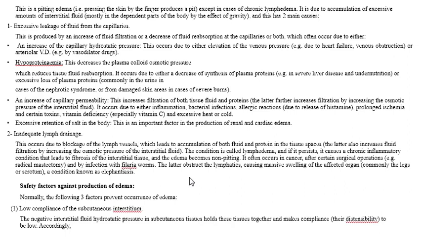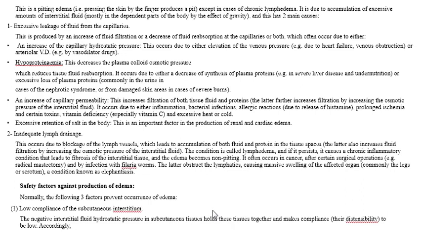The first is low compliance of the subcutaneous interstitial tissue. Low compliance means it does not allow the fluid to accumulate, so it presses the fluid from the interstitial tissue to the capillaries, to the venules, and then it goes up.